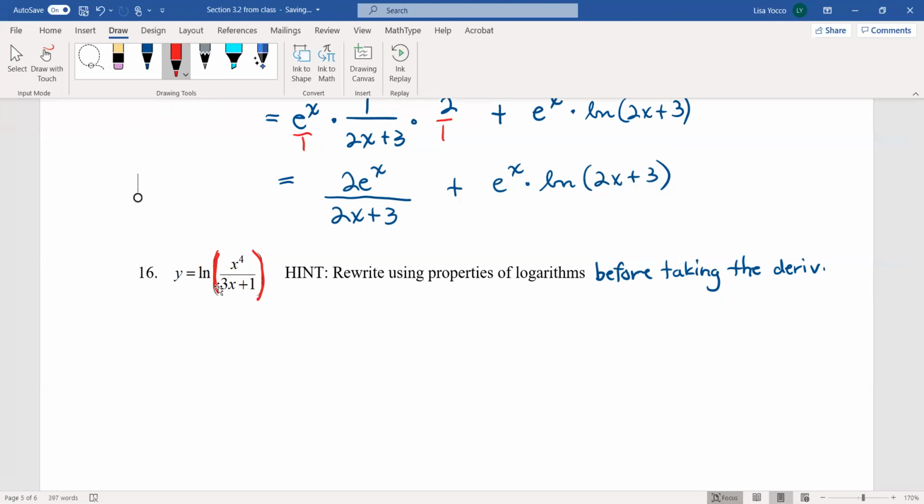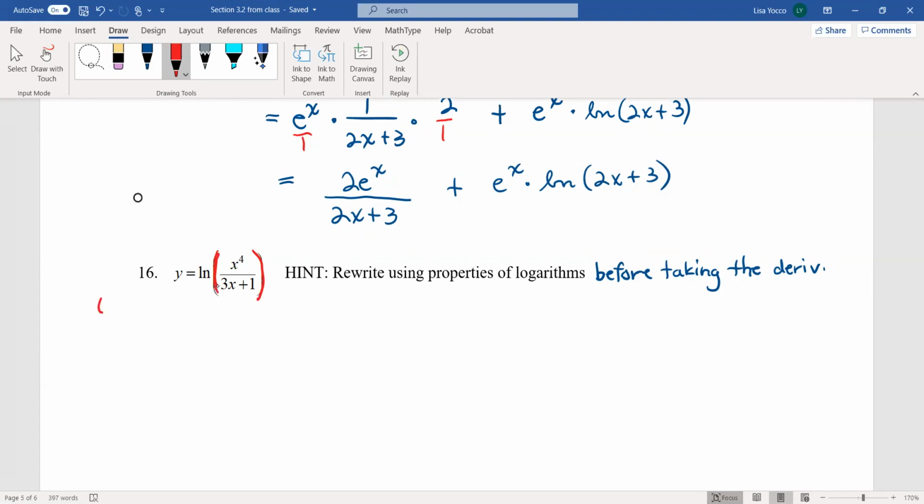I don't know if you can imagine that in your head, but that's going to be messy. You got 1 divided by a fraction, and then for the derivative of the fraction, you'd have to use the quotient rule. So luckily, we have these properties of logarithms that will help us simplify before we get the derivative.